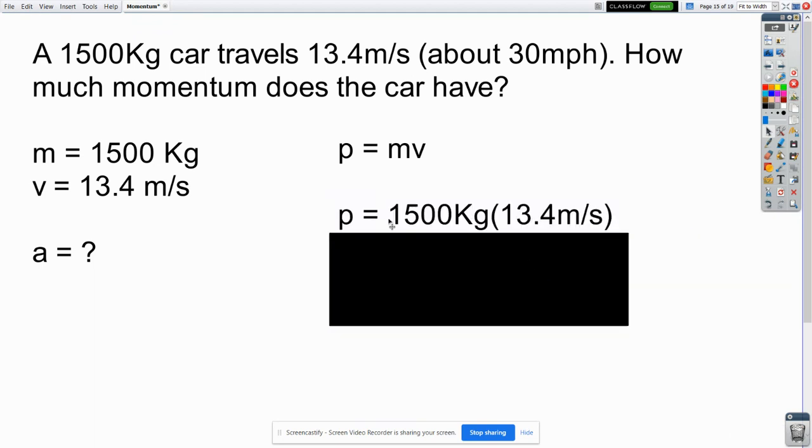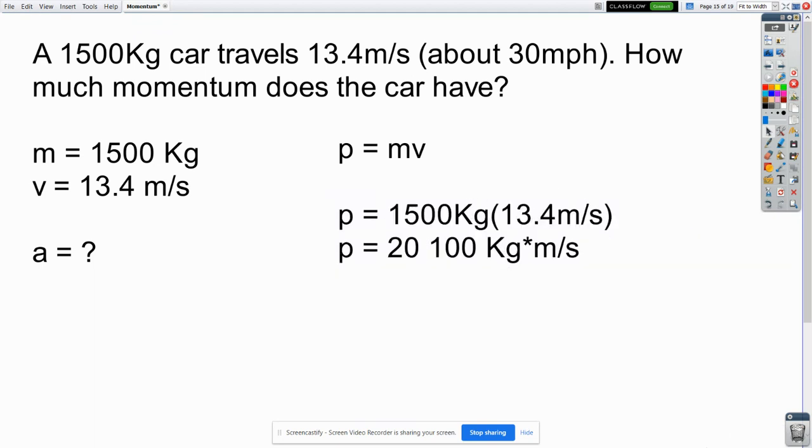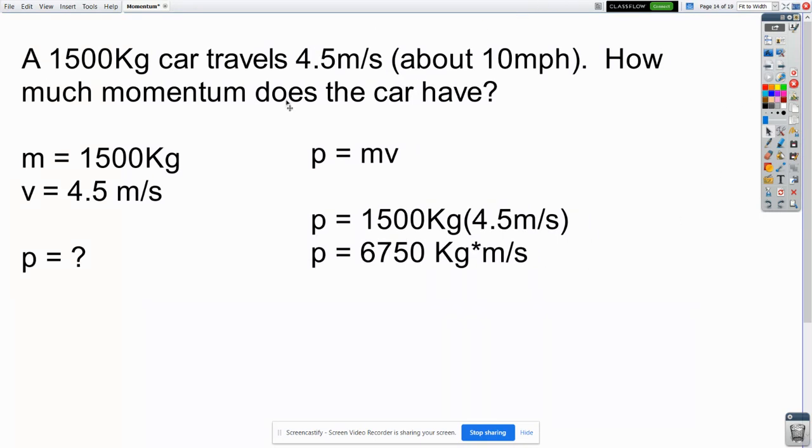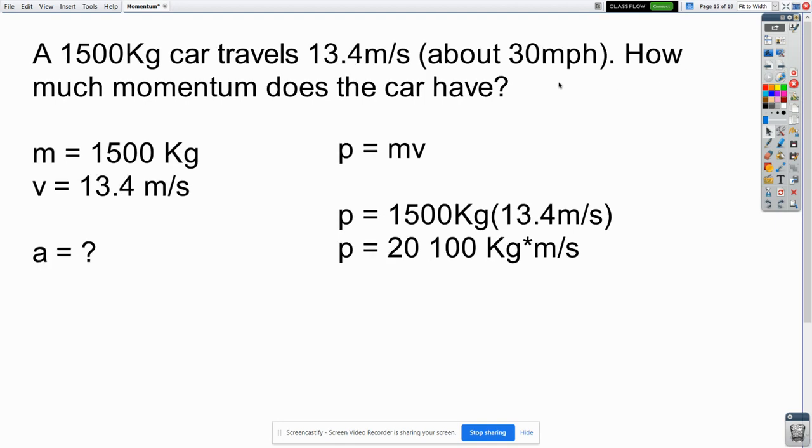Substitute. It's going to be 1,500 times 13.4. 1,500 times 13.4 is 20,100 kilograms meters per second squared. We were moving 4.5 meters per second here and had a momentum of 6,750. Increased that velocity to 13.4 meters per second and had a similar increase in our momentum up to 20,100.